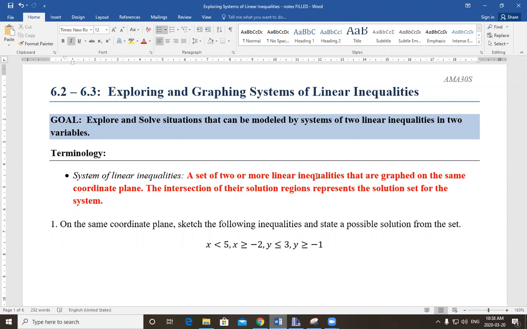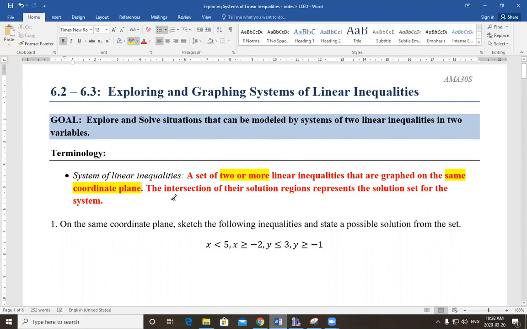So first of all, we'll define a system of linear inequalities. A system of linear inequalities is a set of two or more linear inequalities. So that's important, two or more that are graphed on the same coordinate plane. However many inequalities we have, we would graph them on the same plane, and that would be considered a system.